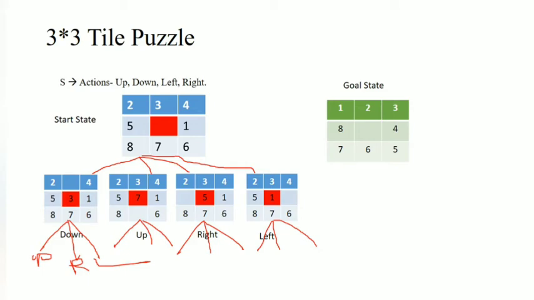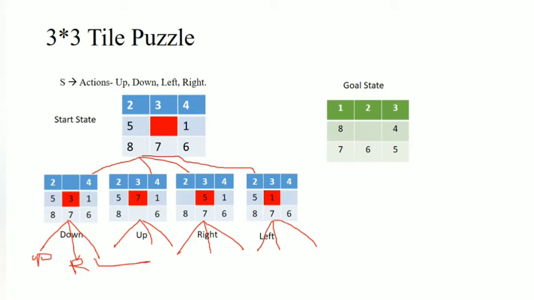These are the possible actions. Illegal actions may also exist, so whatever possible actions you can take should be defined. That is represented by capital A. So here we have 4 actions: tile 3 can be moved down, tile 7 can be moved up, tile 5 can be moved to the right, and tile 1 can be moved left. All possible actions have been defined.